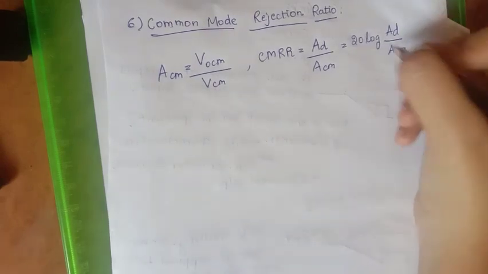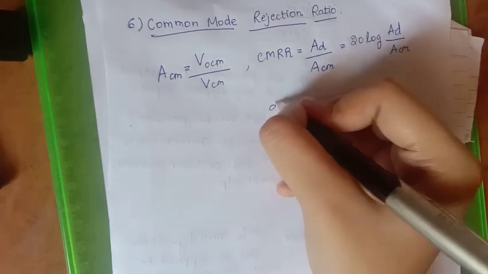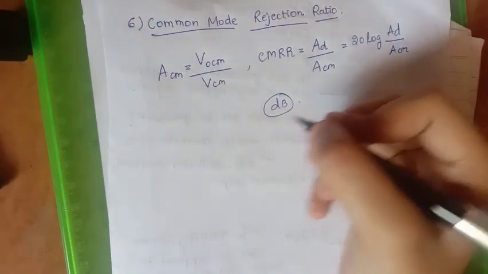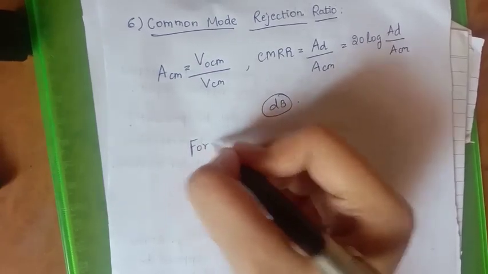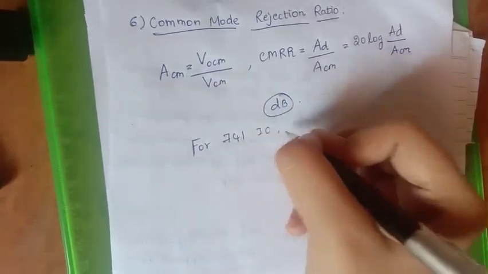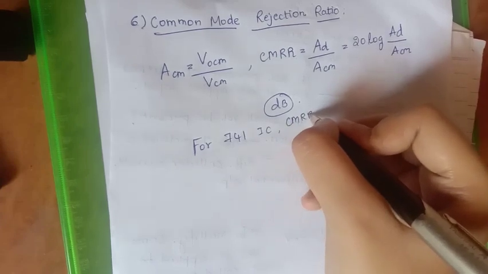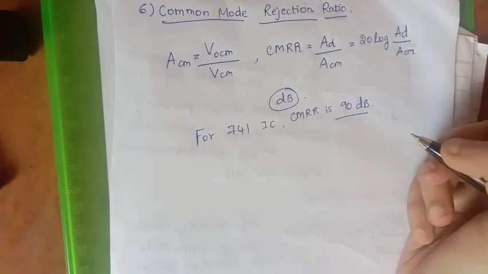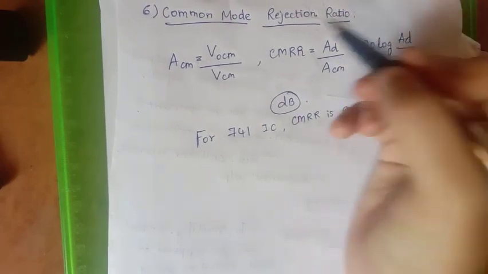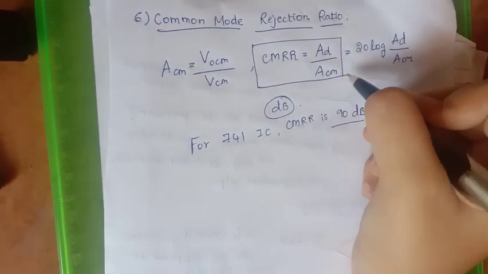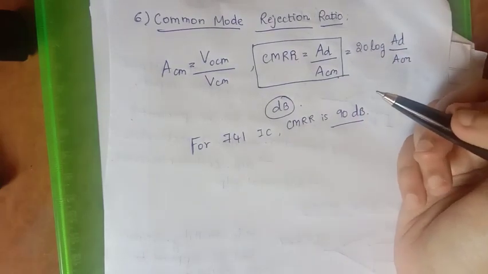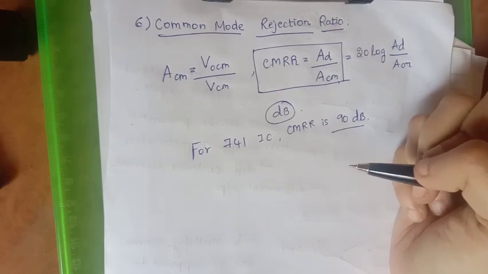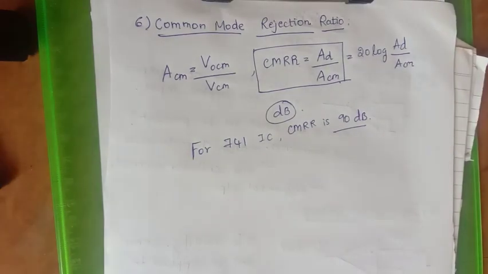Generally, this CMRR is expressed in decibels, dB. For the 741 IC, that is the operational amplifier, the CMRR is 90 decibels. It can also be expressed as the ratio of the change in the input offset voltage to the total change in the VCM voltage, VCM in the sense the common mode input voltage. So that's about the CMRR.